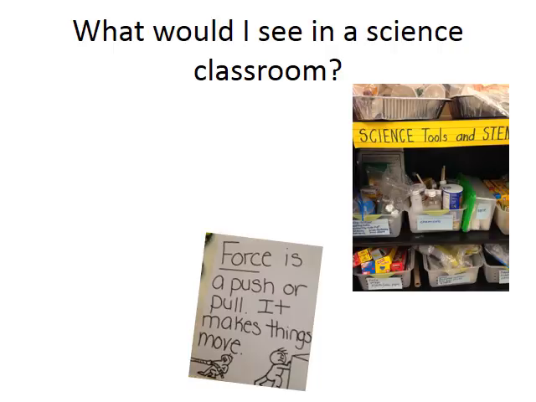If you were to walk in a science classroom, you would see lots going on. As we discussed earlier, the science classroom is very busy and students are actively involved at all times. Here are some of the things you might observe when entering a science classroom. Vocabulary word walls. You would see science words on the walls that students are currently learning or have learned recently.